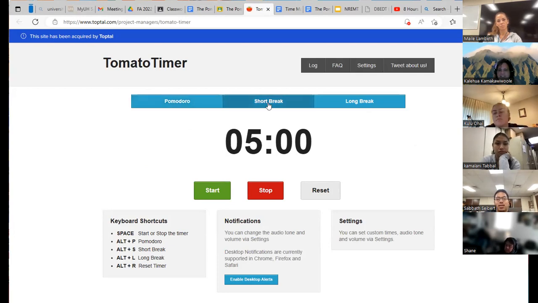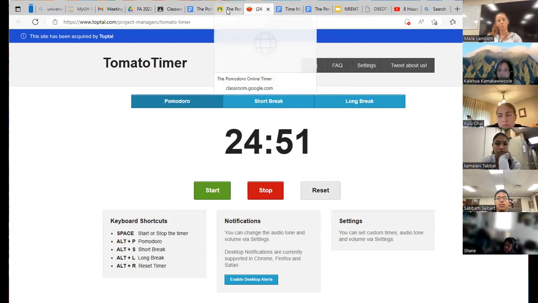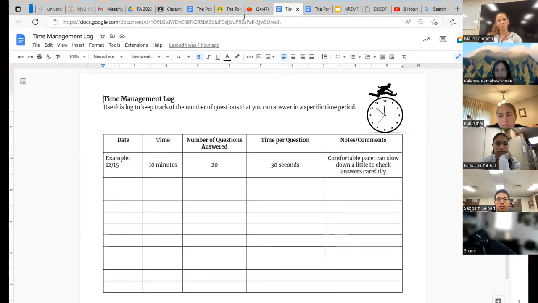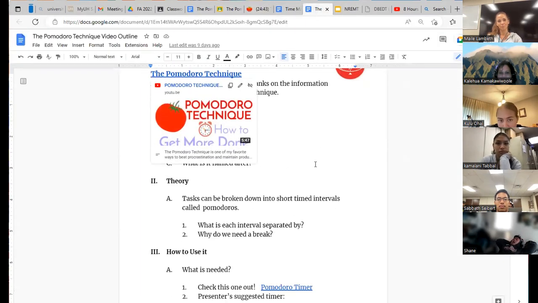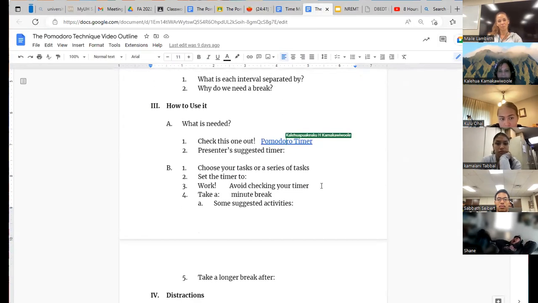So then you can set it as a short break or a long break, whatever you want. You can change it. Okay, and then you start it, and there's an alarm that goes off when you need to take a break or when your time is up. Okay. So that's the timer.